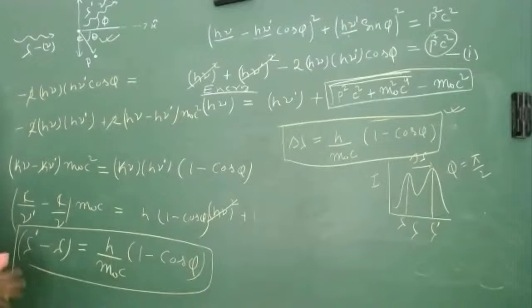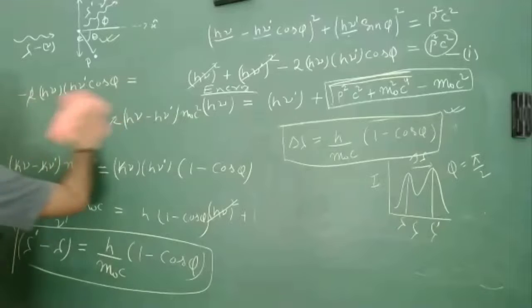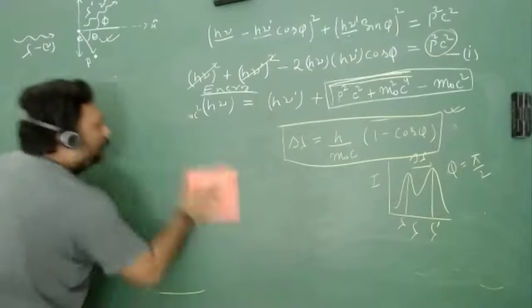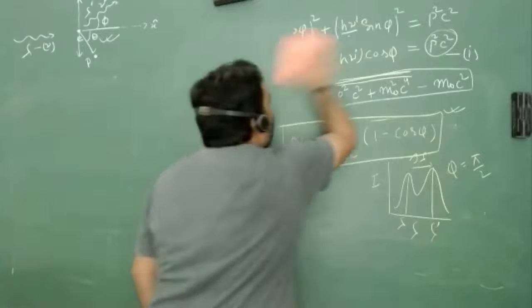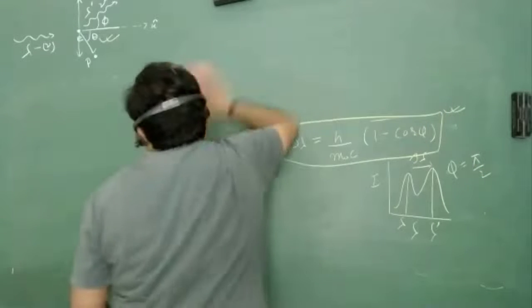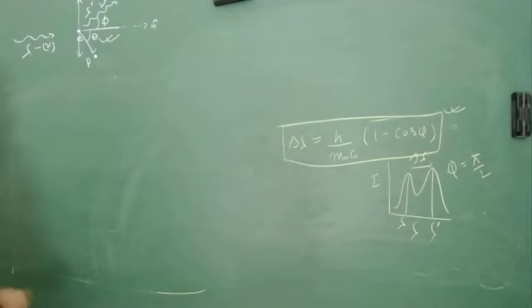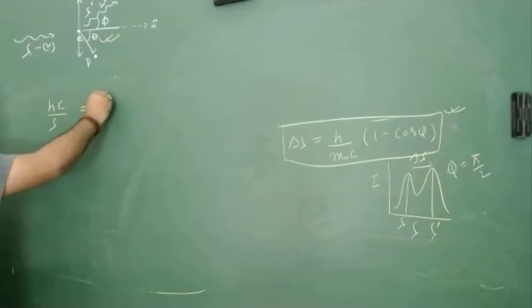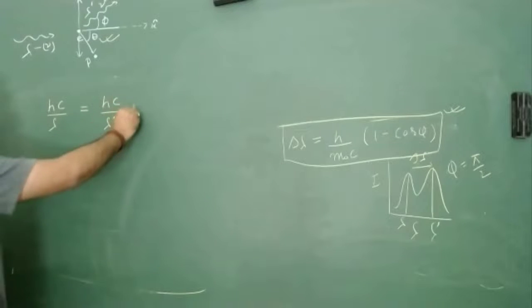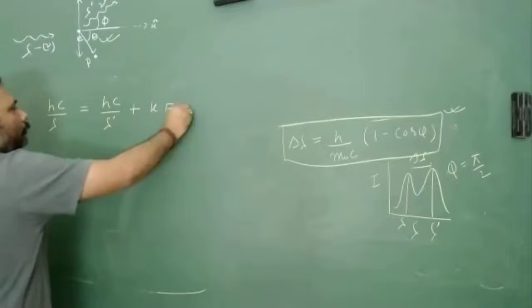So first let me calculate the recoil energy of the electron in terms of nu or lambda dash. We have done it, but we can write it in terms of lambda. What will be the incoming energy? The incoming energy is hc upon lambda, and the scattered energy of the photon will be hc upon lambda dash, plus the kinetic energy of the electron.